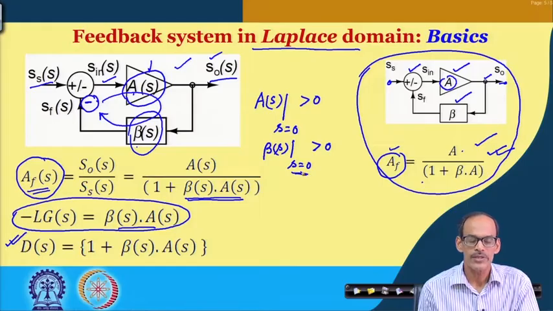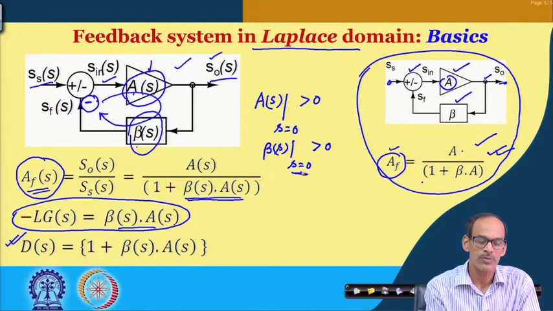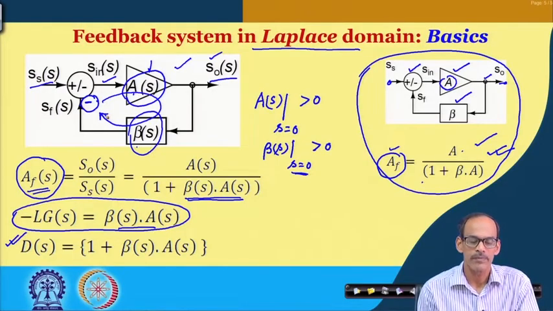We will be discussing amplifiers, which are linear circuits, and in presence of negative feedback the linear system remains linear.